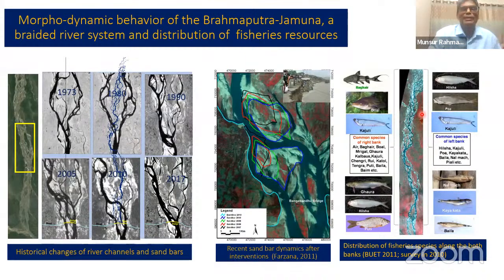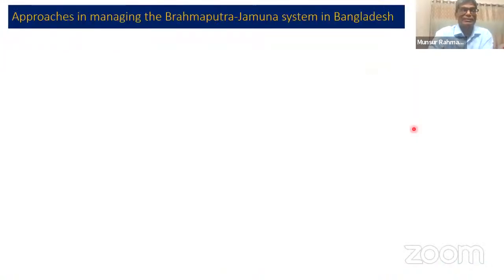So the balance is very important. And most of the riverbank protection work and also the river management focused projects we have been introducing in Bangladesh are mostly centered on the Brahmaputra-Jamuna system, because it is dynamic and land loss is quite frequent along this river.